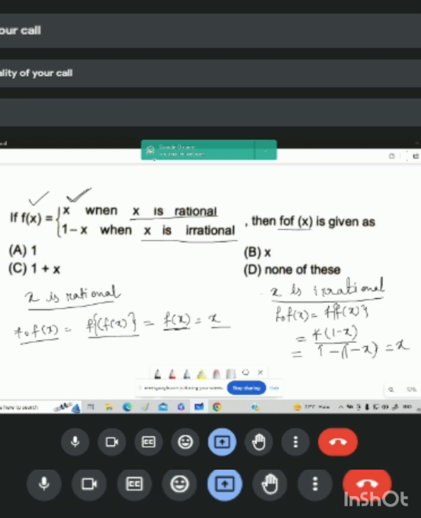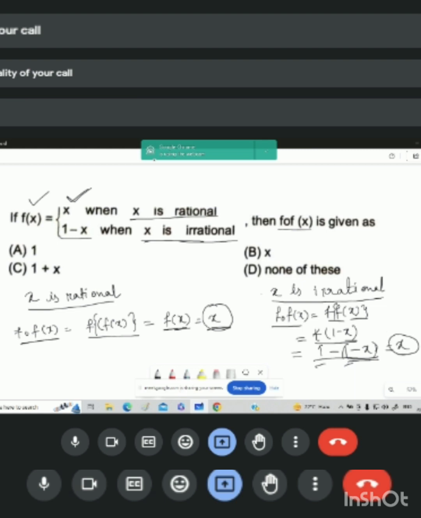So ultimately f compose f(x) equals x when x is rational, and when x is irrational, f compose f(x) equals f of f(x), and I put the value of f(x) equals 1 minus x because x is irrational, and again f of 1 minus x will be 1 minus, I put the value of 1 minus x in place of x because it is irrational, and by the cancellation of 1 I get x.